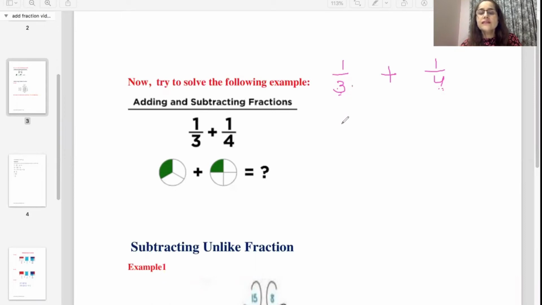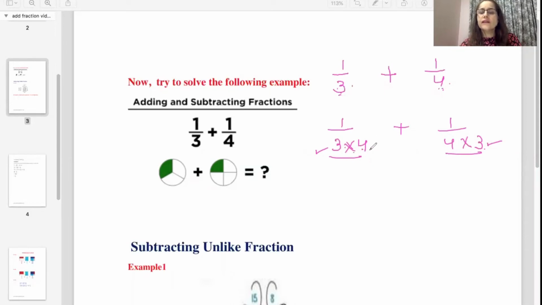So if we multiply this denominator 3 by 4 and this denominator 4 we multiply by 3, then both the denominators will be equal. So 3 multiplied by 4 is equal to 12, and 4 multiplied by 3 is equal to 12. So then the denominators are equal.